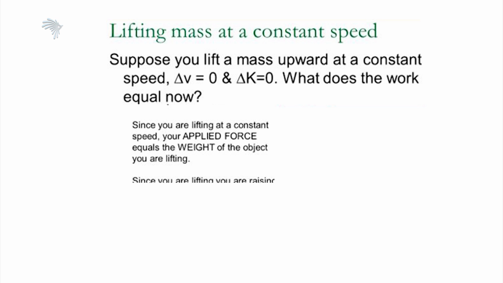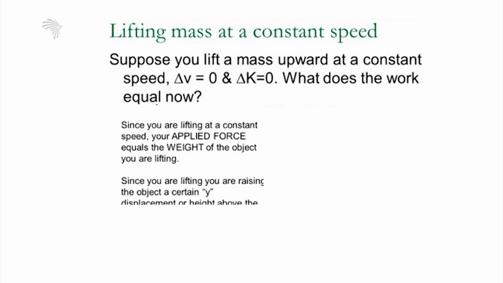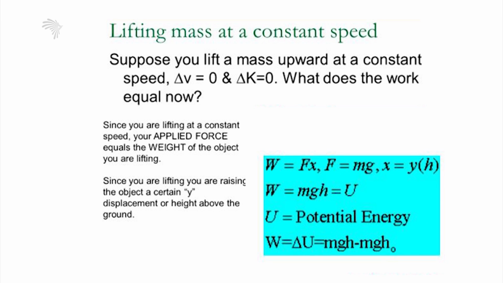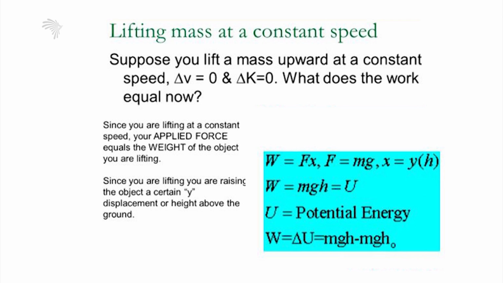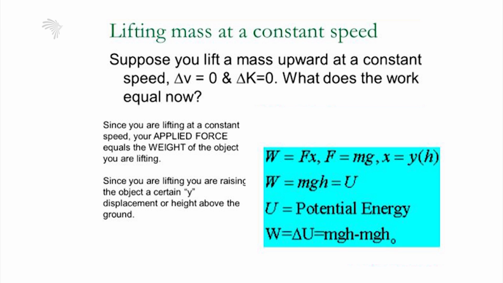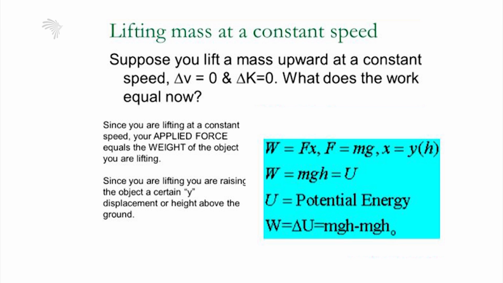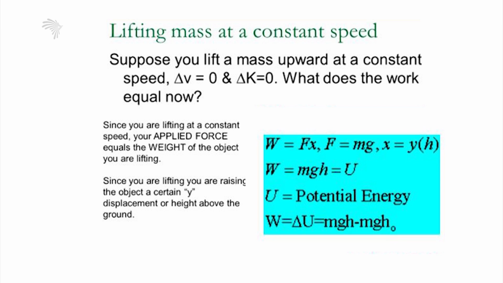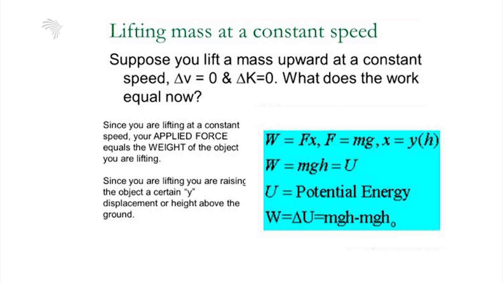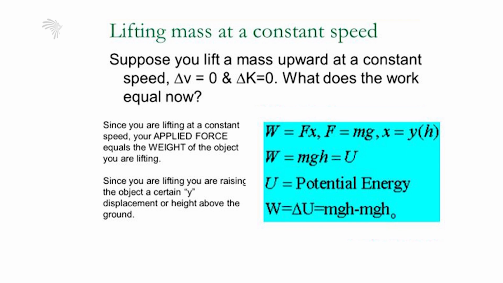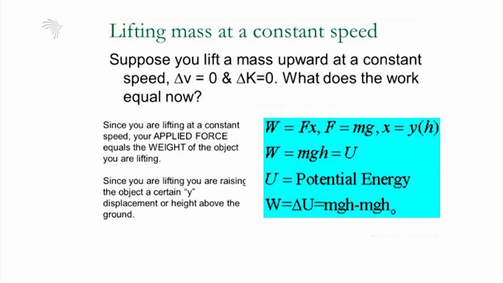And since you are raising the object a certain vertical displacement h or y, the work done equals F times x, and the minimum force required to displace this object in the vertical direction is equal to the weight of the object, which is mg, and x is the vertical displacement, the same as h. Finally, the work done to displace an object upward will be equal to mgh.